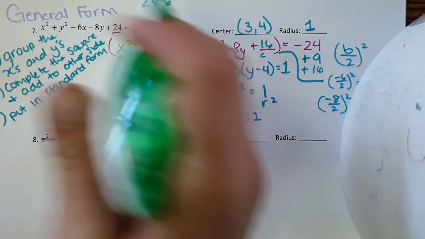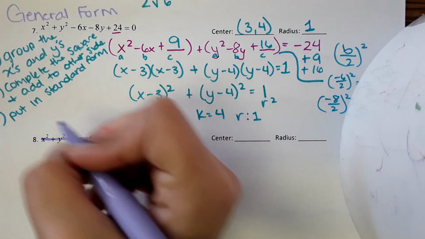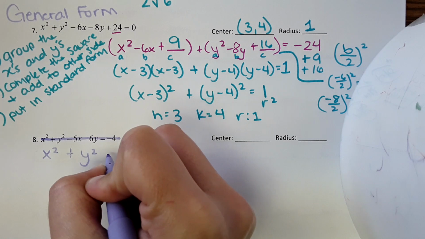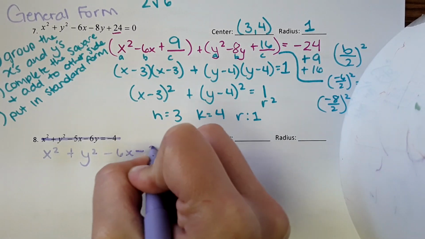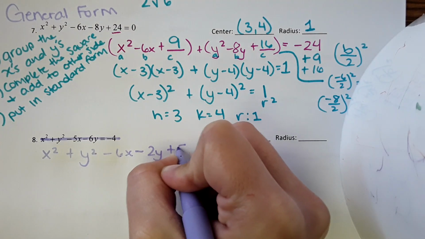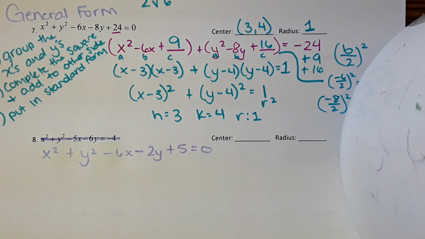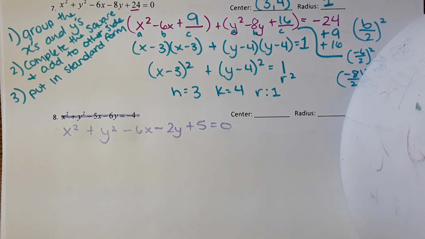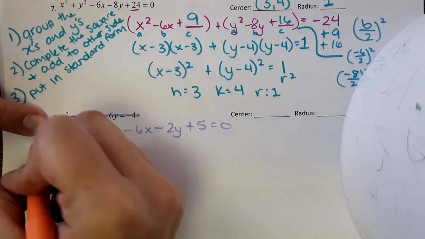Okay. It is x squared plus y squared minus 6x minus 2y plus 5 equals 0. Okay, now we're following this step. Group the x's and the y's.